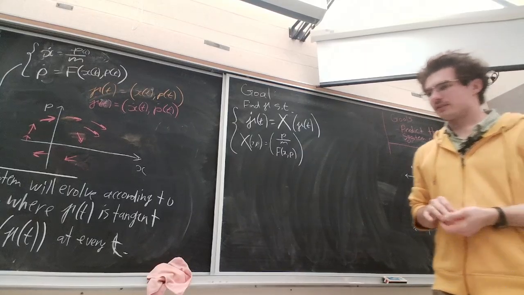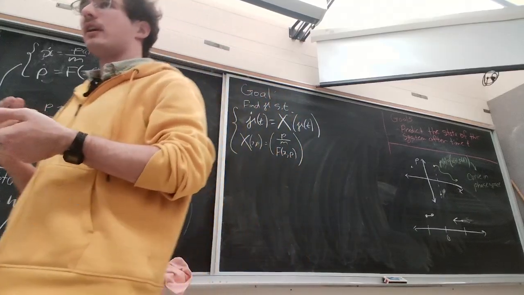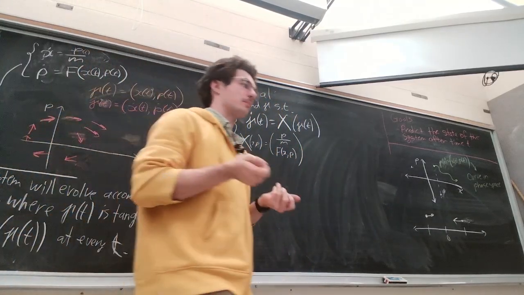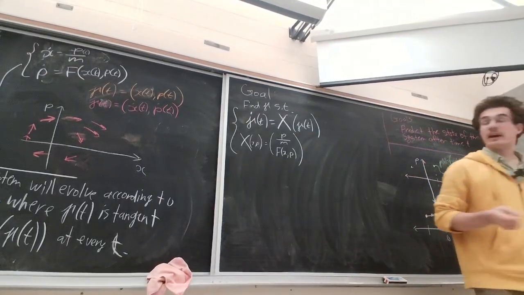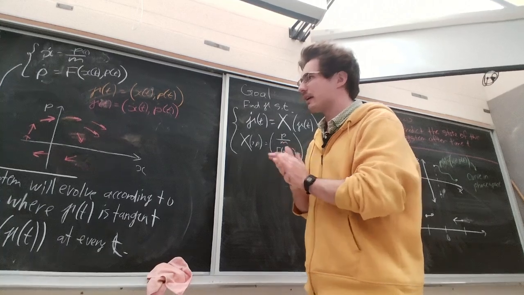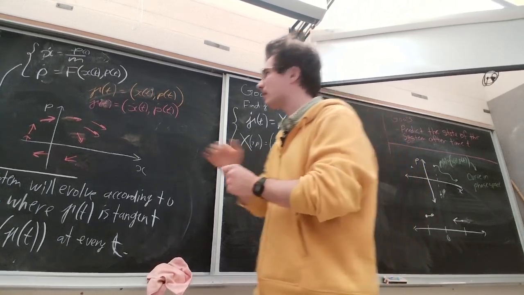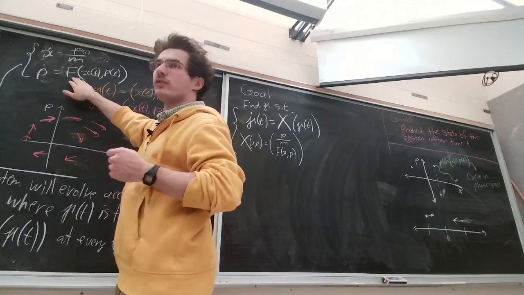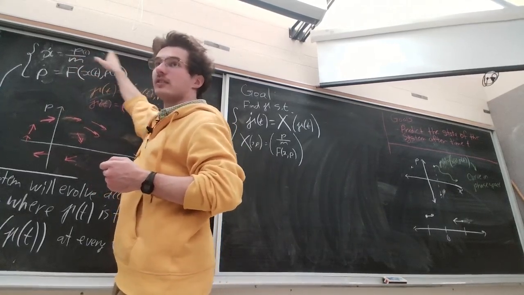So in some sense, we have transformed our physics problem into a geometry problem, right? If you tell me what the physical system is, and I know enough information about it, and I know what the forces are, I can figure out what this vector field has to be.